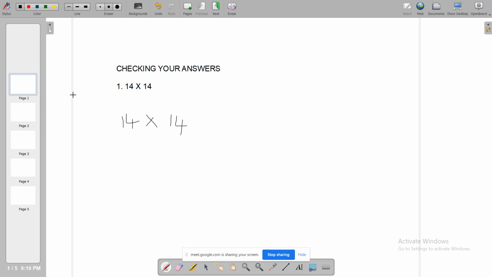In this case, my reference number is 10. So 10 is what I'm using, and I know that 10 is less than this 14. Since it's less, I'm going down, so minus 4 is here. Here it should also be minus 4.